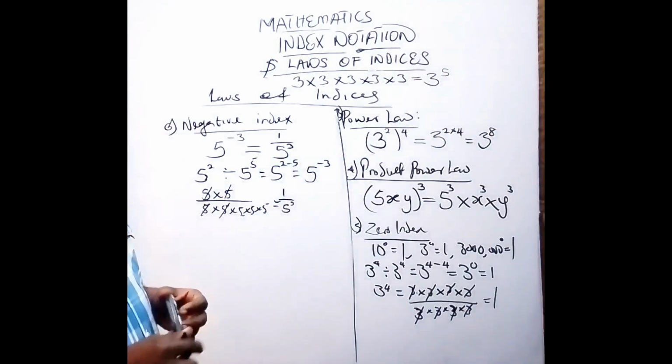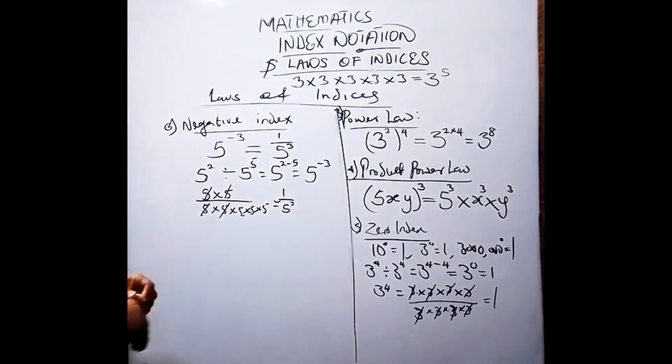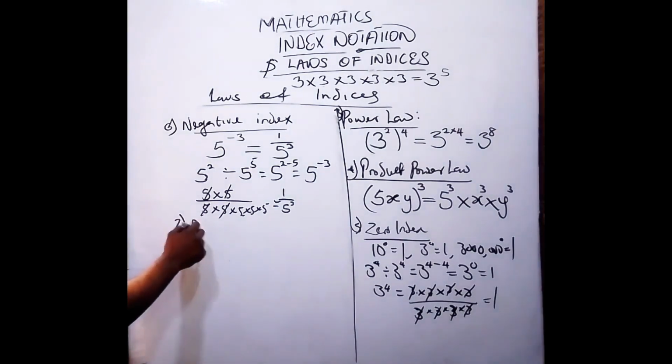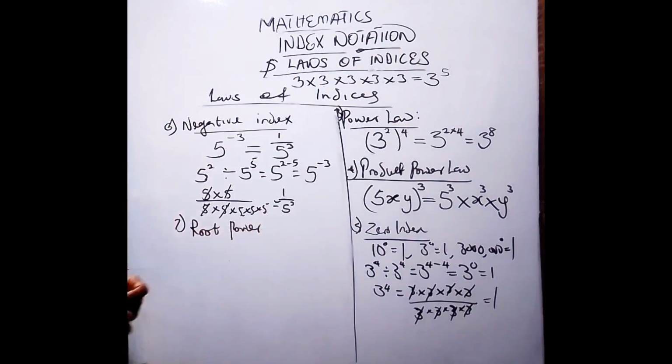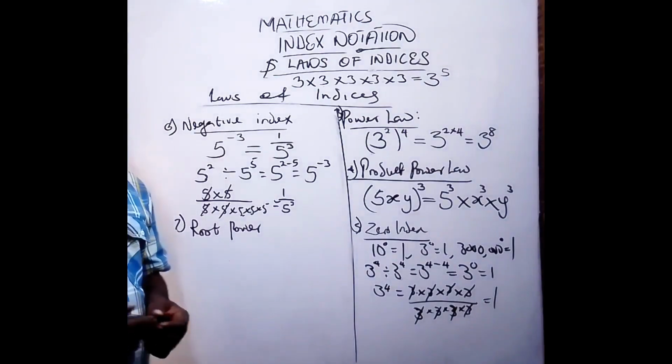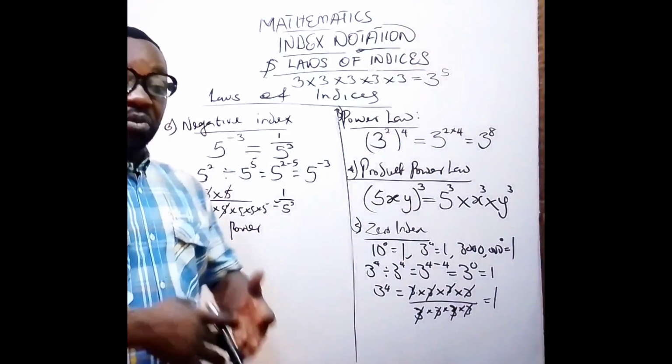Now, the next one that we have is called the root power. That's number 7. In mathematics, root power is the form of value that involves roots such as the square root, the cube root, and the fourth root.